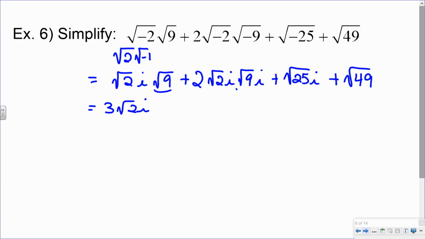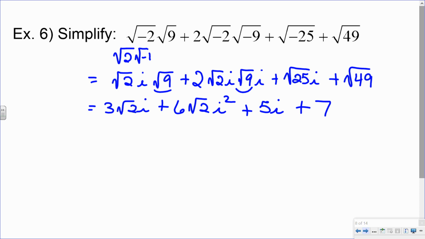Okay, this one is also a 3. So I have 2 times that 3 is 6 root 2. But I don't have an i, I have i times i, so I have i squared. Root 25, everyone? There you go. Root 25 is 5 times i, and root 49?